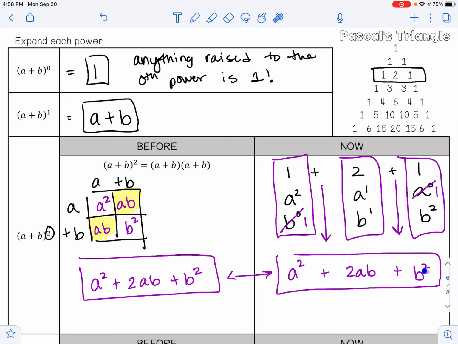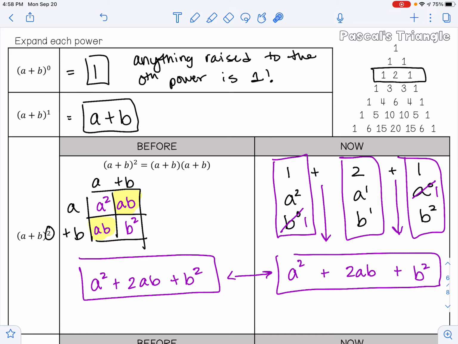Now you might be saying, okay, well, why does this work? Why do these represent the coefficients of the binomial? Well, let's see, looking at our area model. How many ways were there to get a squared? Well, the only way to get a squared was by multiplying a by a.